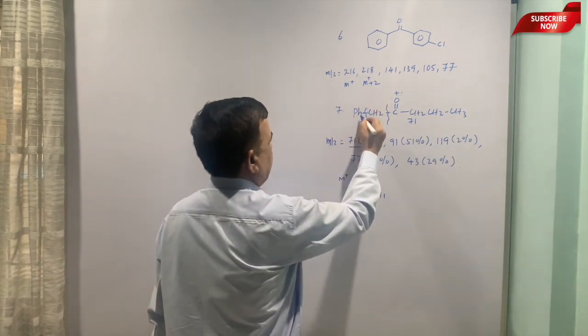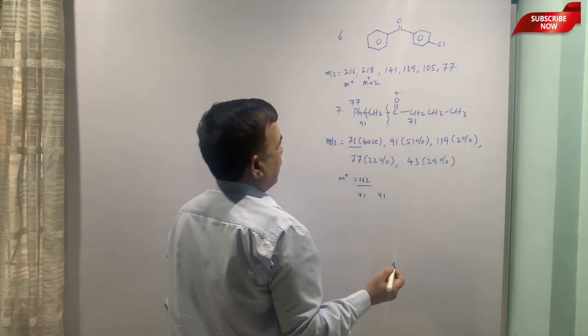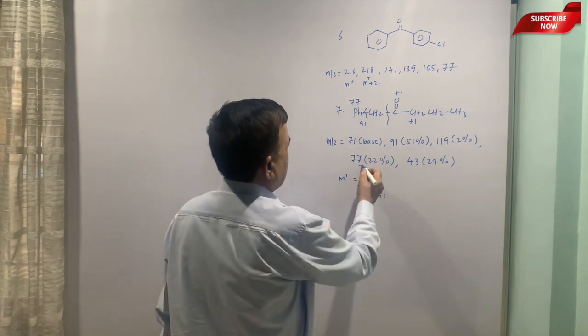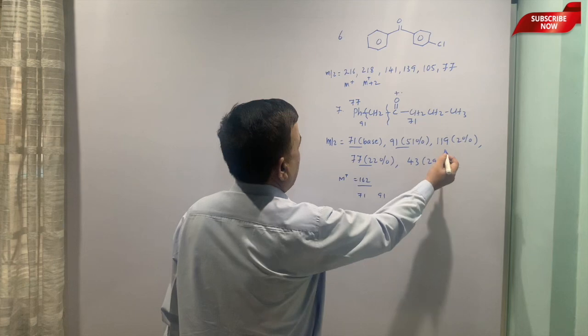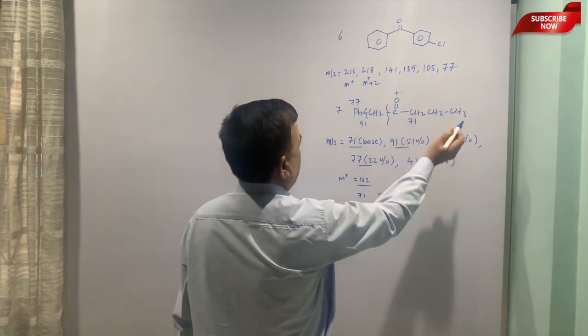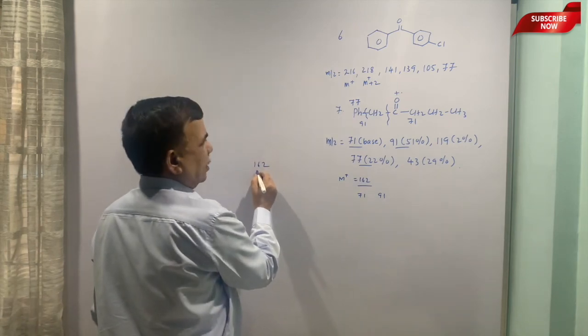If we break it here, this is 77 and 77 is explained, 91 is explained. 119 is when the 43 goes off, that is once again you can work out.